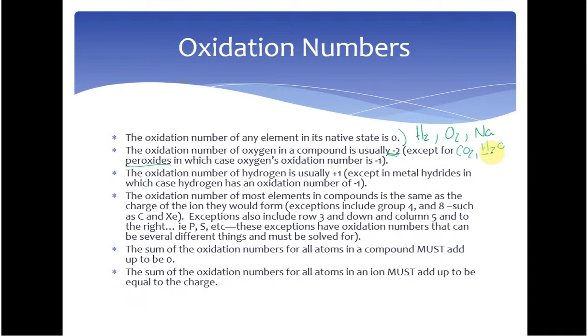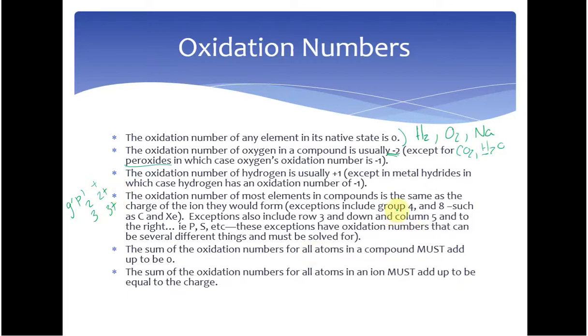The oxidation state of most elements in a compound is going to be the same as the charge of the ion they would form. Group 1 metals are always going to have an oxidation state of +1 in a compound, +2 for Group 2. Group 3 metals like aluminum are going to be 3+ in a compound.